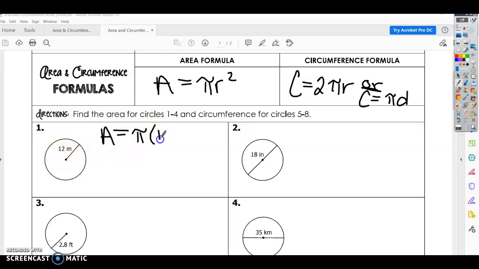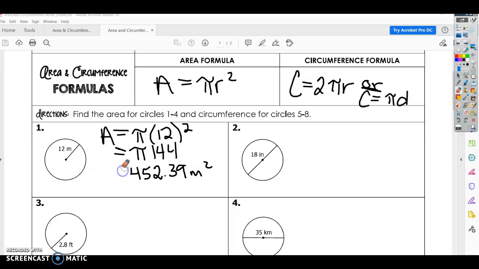For this one, the radius is 12 squared. 12 squared is 144. And if you multiply this out, 144 times pi is about 452.39. And this is in meters. And that'd be meters squared.